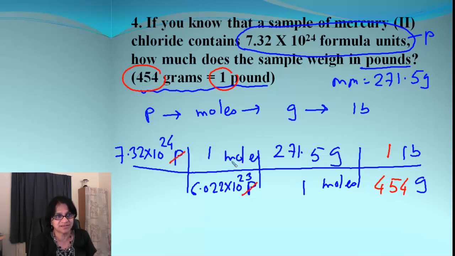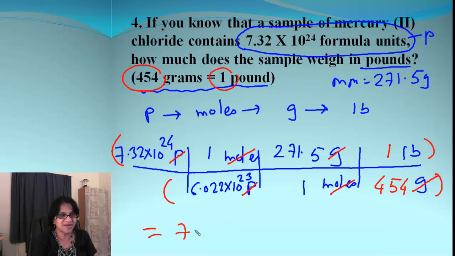Cancel the common units which we see diagonally across, and then you multiply the entire numerator and divide by what you get in the denominator. So that ends up having 7.27 pounds as the final answer.